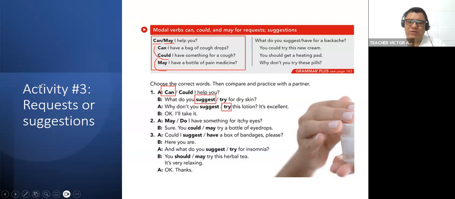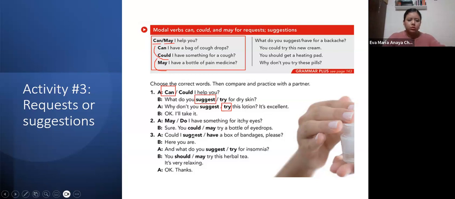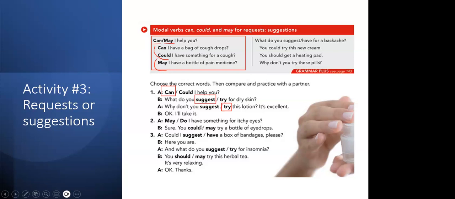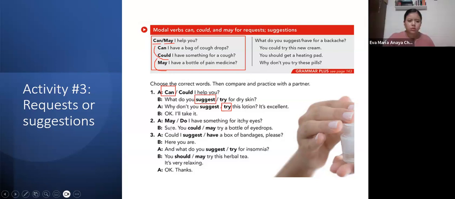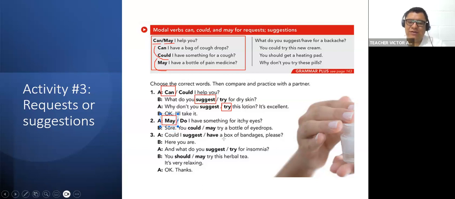So what about the rest? What do you think? Should we use may or could? Could. All right, could be could as well. Right, so in that case, I will say that we use may, right? May I have something for itchy eyes?